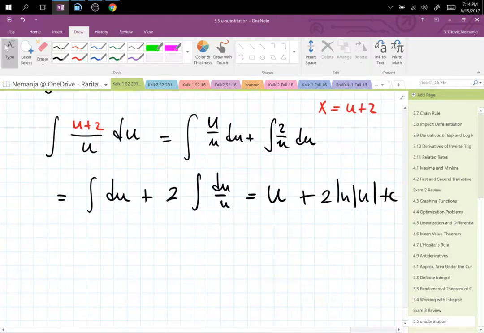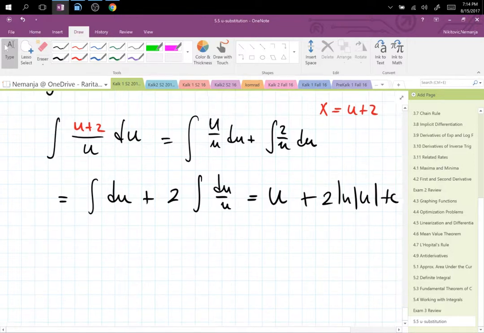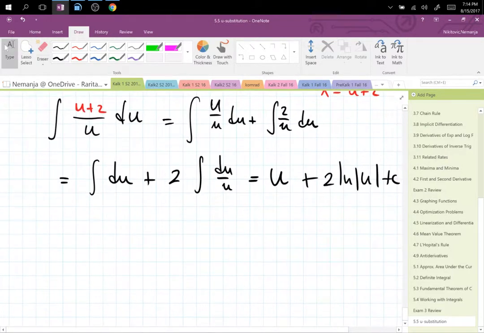So the first one is just 1, integral of 1 is u, plus 2 ln u, and we bring back the original variable. So u was x minus 2. So we have x minus 2 plus 2 ln of x minus 2 in absolute value plus c.